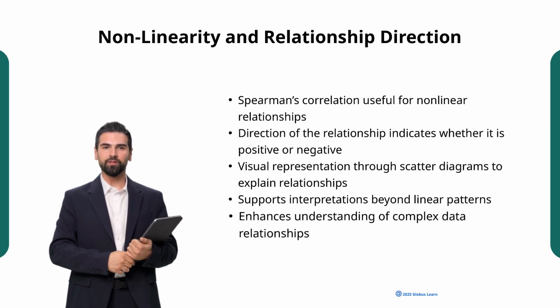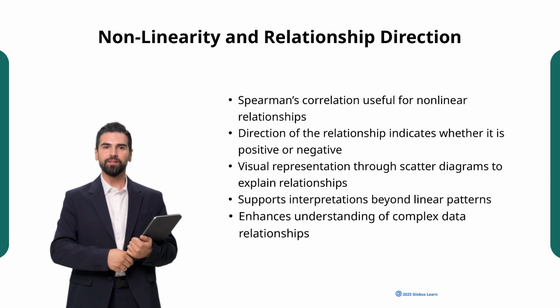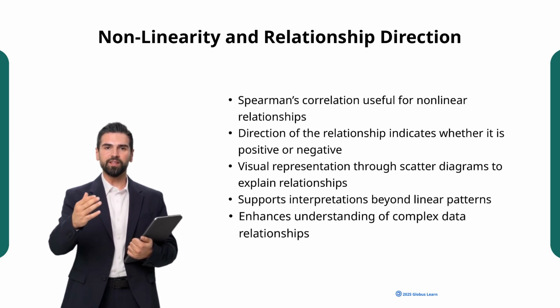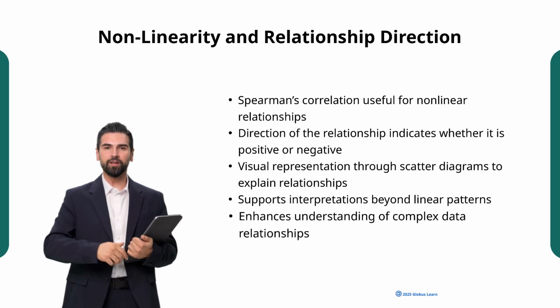A positive direction indicates that as one variable increases, the other does as well. A negative direction, however, shows that as one variable increases, the other declines. Visual representations, such as scatter diagrams, help illustrate these relationships and make complex interactions much clearer.